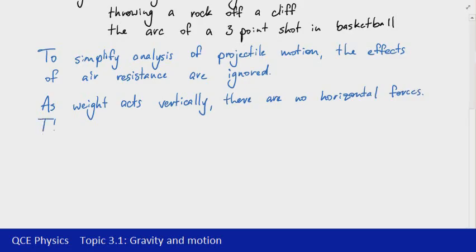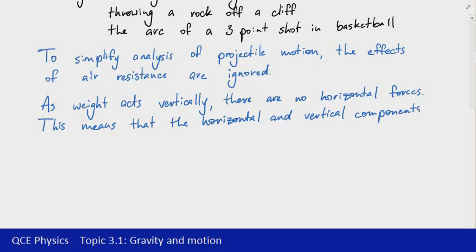So this means that the horizontal and vertical components of the velocity are independent. And what we mean by independent is that they don't affect each other. So the acceleration in the vertical direction has no effect on the motion in the horizontal direction.